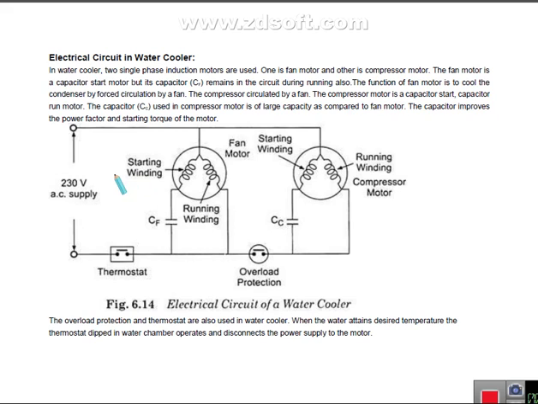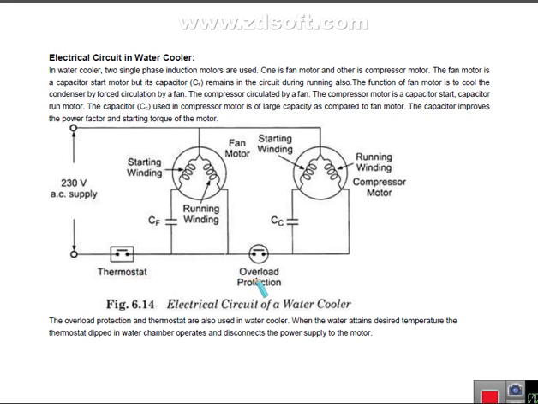A 230 volt supply is given. After that, there are a number of protection schemes. One is a thermostat and the other is overload protection. Both are provided. The work of the thermostat is to provide a temperature barrier at which temperature we want to cool our water.